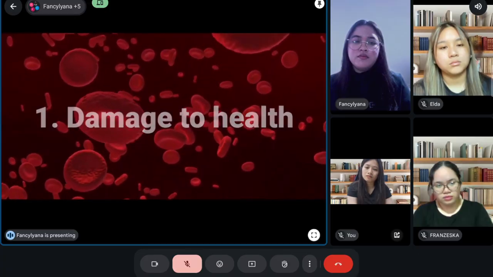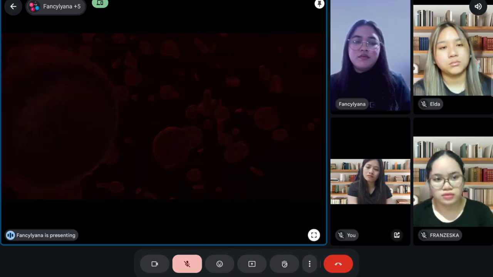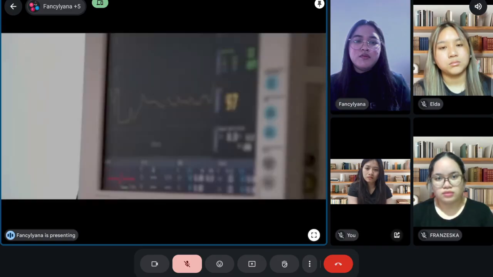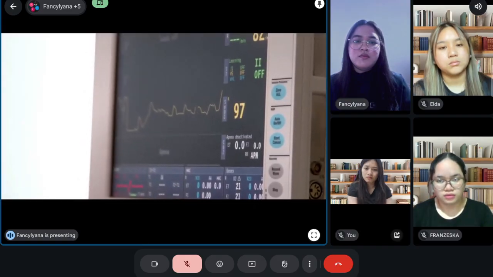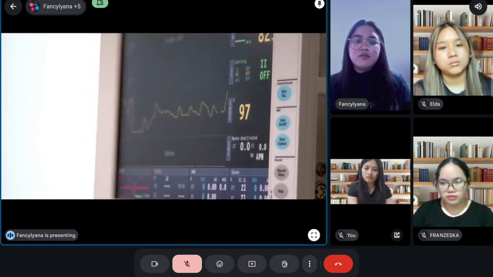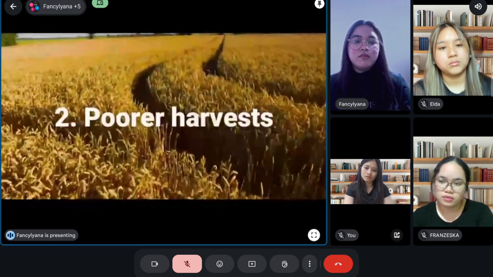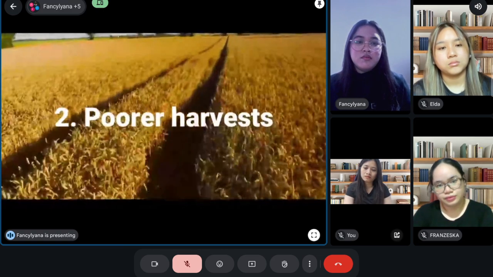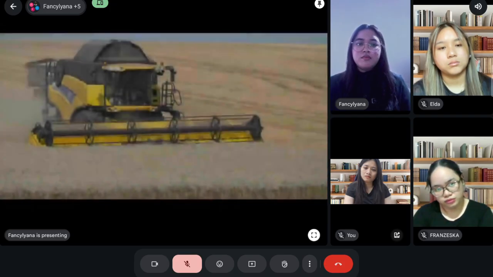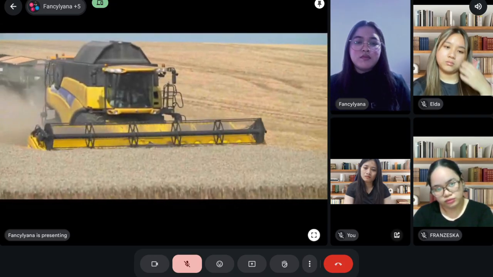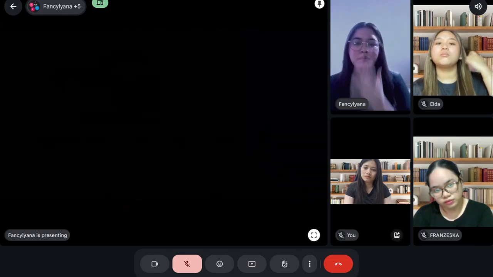Soil pollutants enter our body through the food chain, causing illnesses to appear. Moreover, the spread of antibiotics in the environment increases the pathogen's resistance to these drugs. 2. Poorer harvests. Soil pollution agents jeopardize world food security by reducing the amount and quality of harvests.